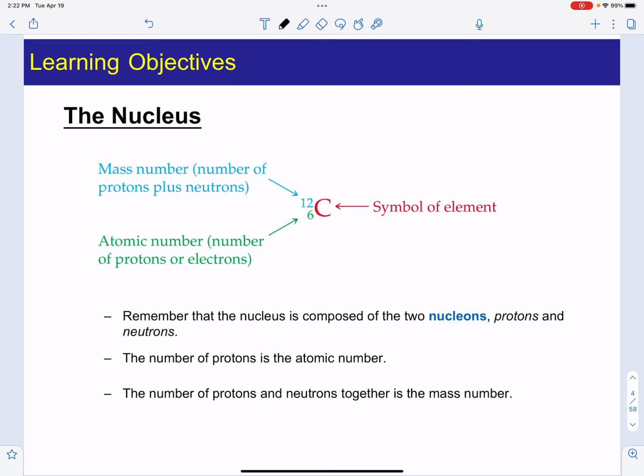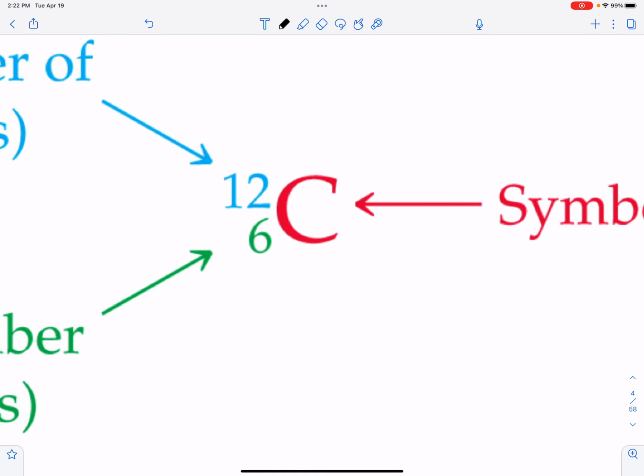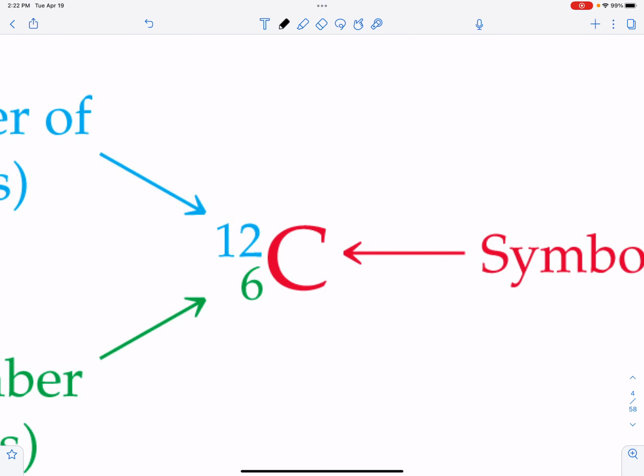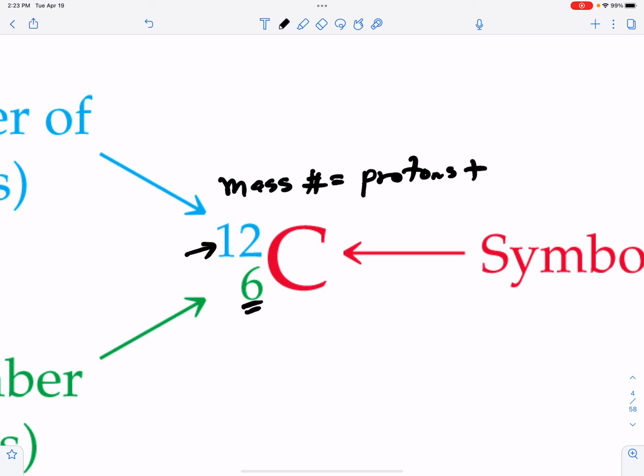In 1411, we talked about isotopes when we were learning the composition of the nucleus with protons, electrons, neutrons, and so on. And you probably saw a symbol like this, where we express the atomic number and the mass number. And you probably remember that back then you learned that the mass number is nothing more than the mass of the protons plus the mass of the neutrons.